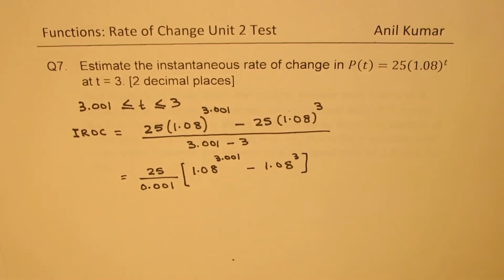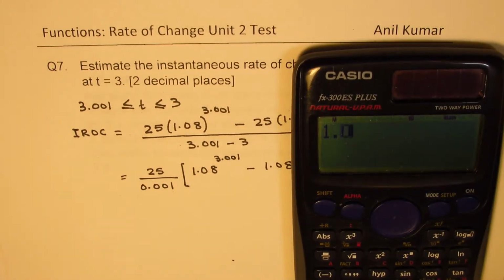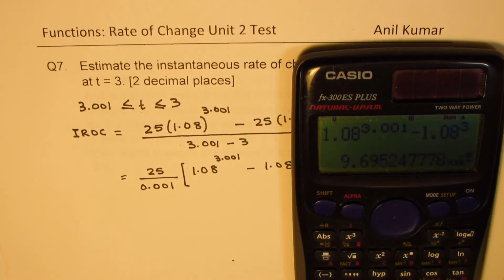Let's use the calculator now. So we have 1.08 to the power of 3.001 minus 1.08 to the power of 3, times 25 divided by 0.001.